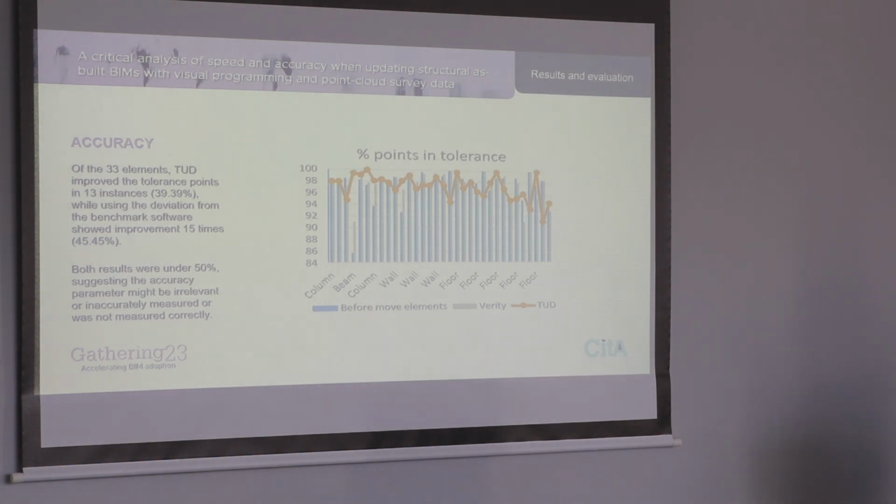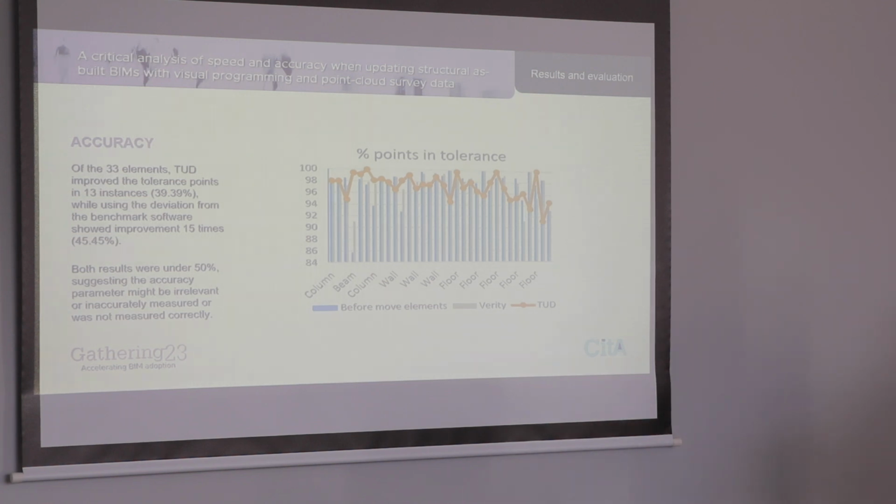The result, to be honest, was not good because it was 39% of the points in tolerance after moving using the Dynamo script. But the reference software, Verity, achieved 45%. So that gave me a clue that maybe this measure of tolerance is not the best one. The accuracy is not the best one.